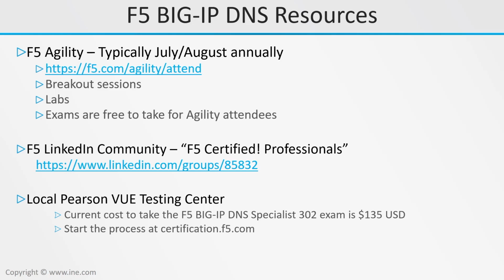You can actually run through the labs right there in scheduled sessions. Another benefit is you can take the exams for free for going to Agility. So another great benefit, great content, and mark it on your calendar so you can make that.